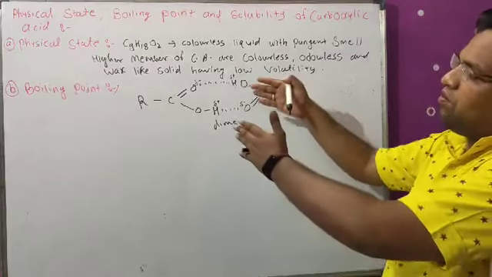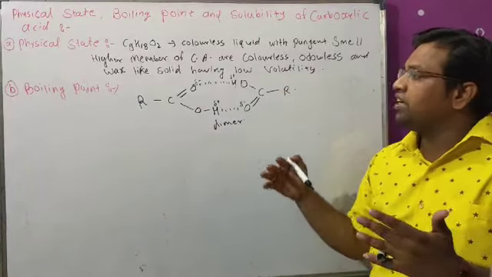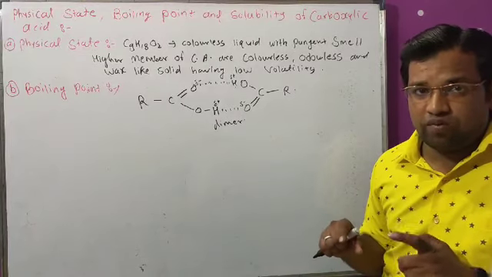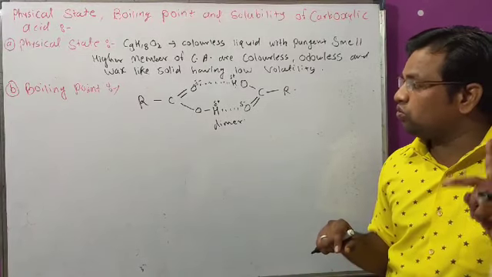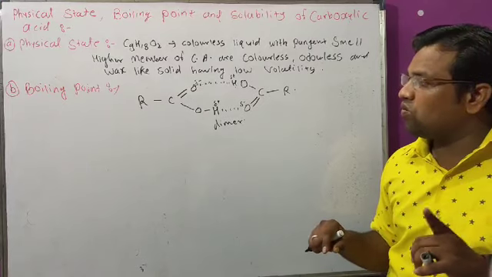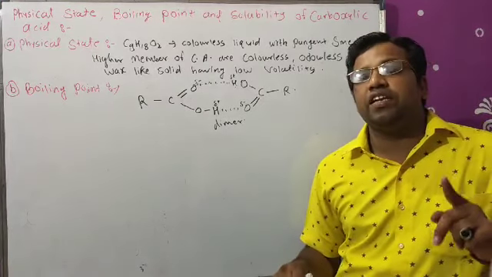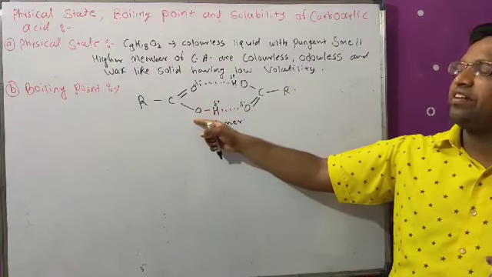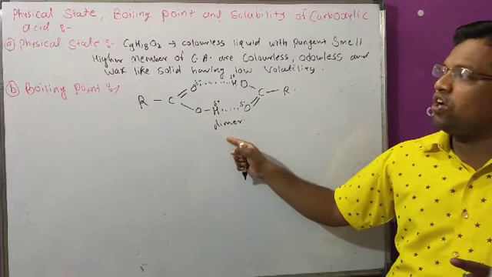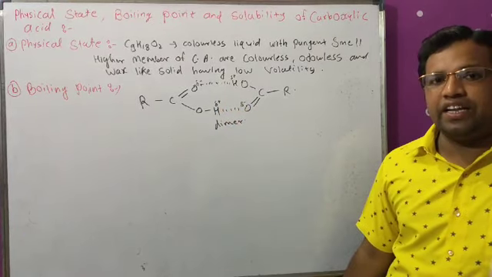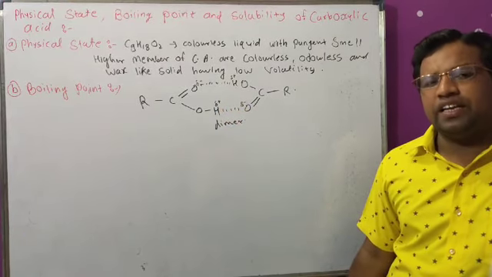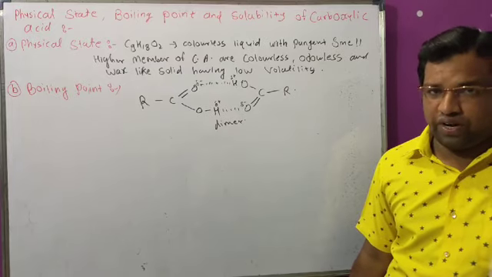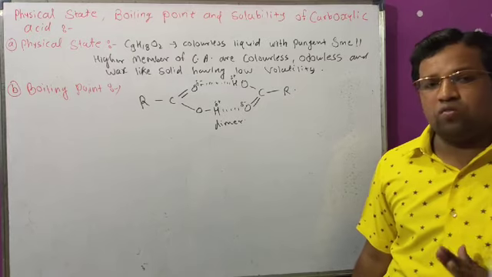Therefore, due to these two reasons, the increase in van der Waals force of attraction and the hydrogen bonding with itself, the carboxylic acid has a higher boiling point than aldehydes, ketones, alkanes, ethers, and alcohols of corresponding molecular weights.